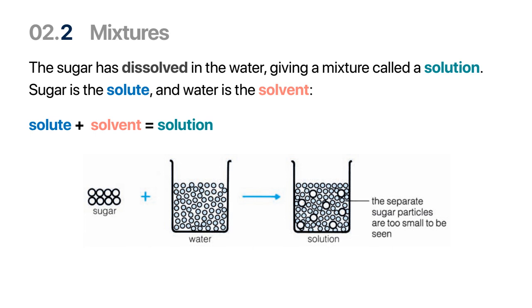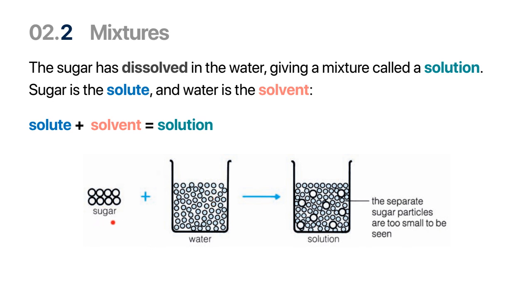Here's an example of a solution. A solution is when a solute dissolves in a solvent and a solution is formed. The idea is when something dissolves in a particular liquid, it forms a solution.